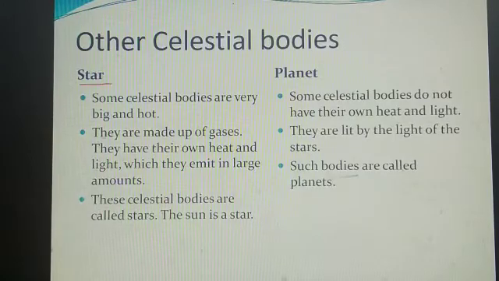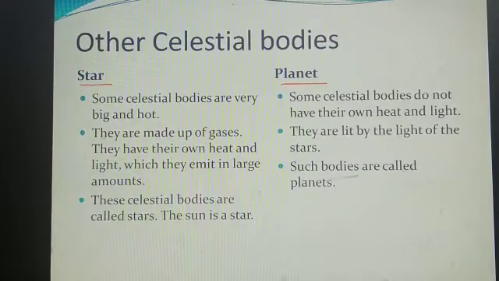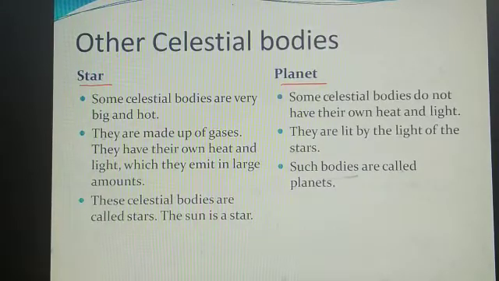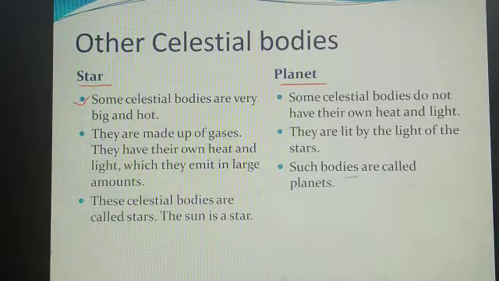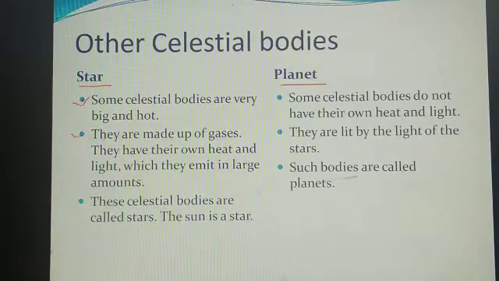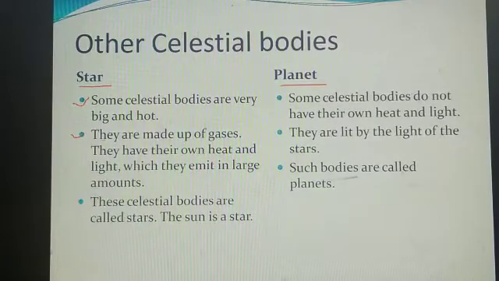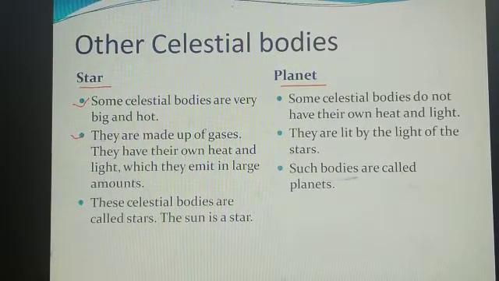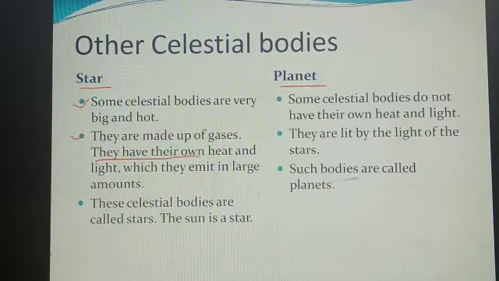Here we have the star and the planet. Both are very important. So let's start from the star. The first point of the star: some celestial bodies are very big and hot. They are made up of gases and they have their own heat and light. This one is very important for the star.